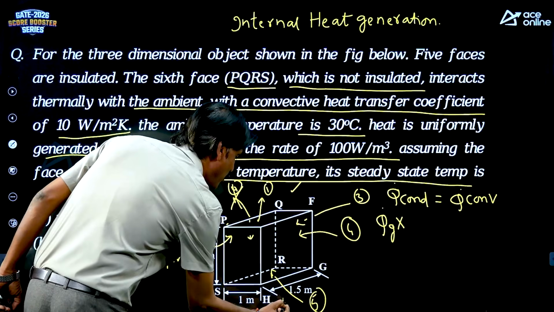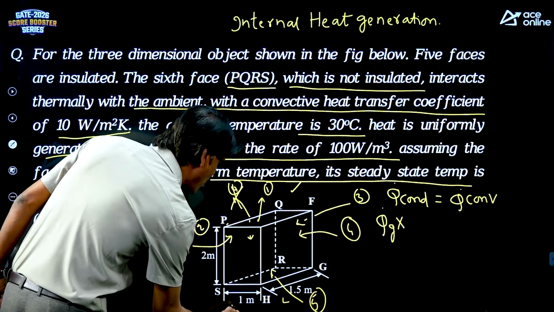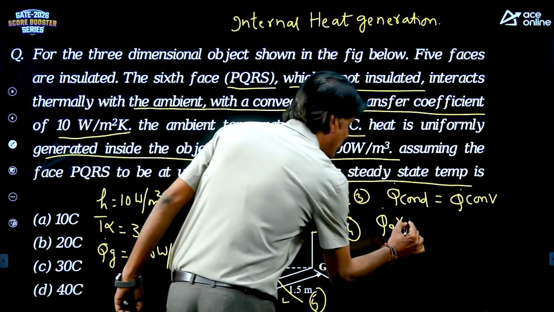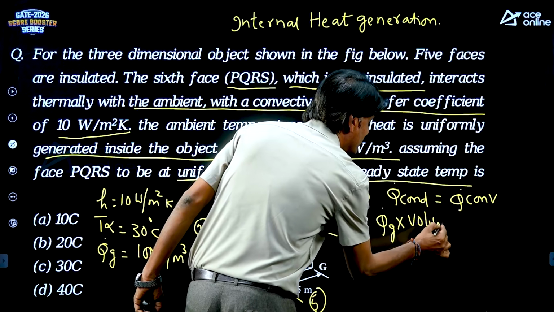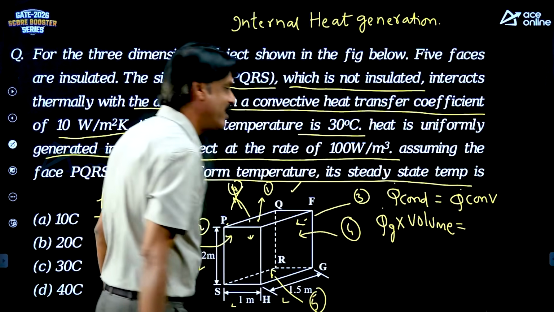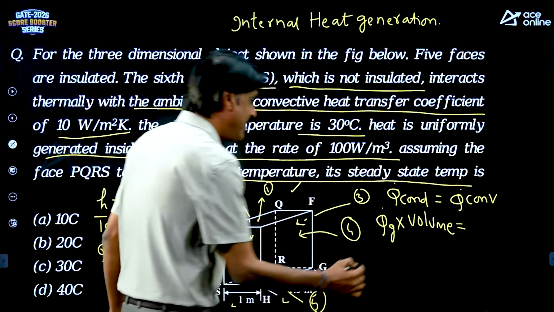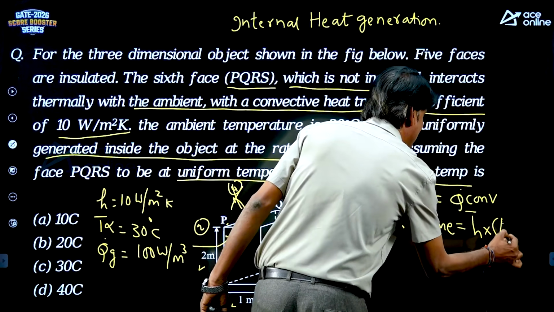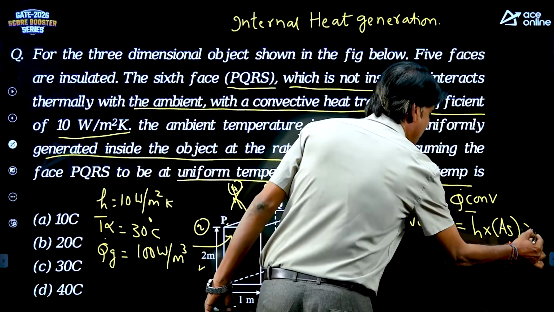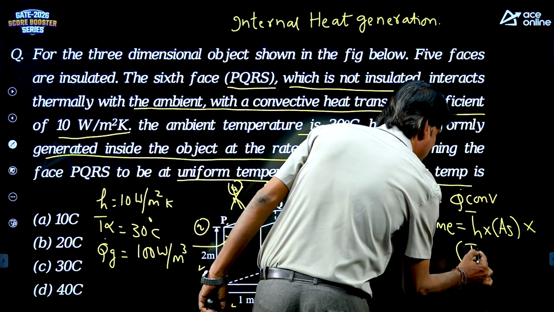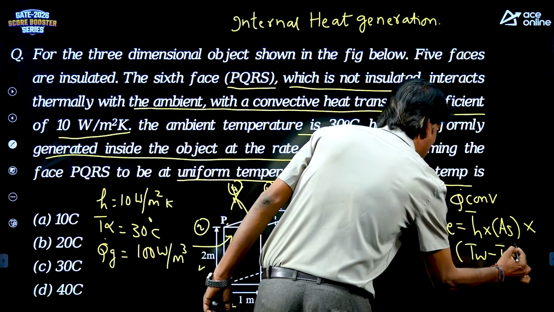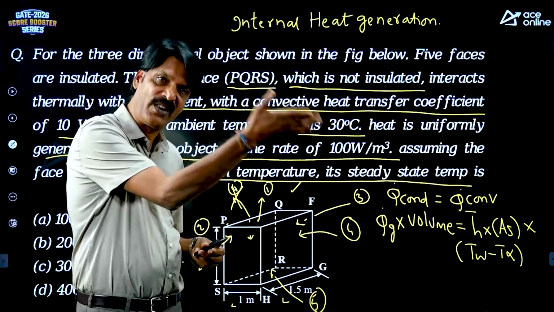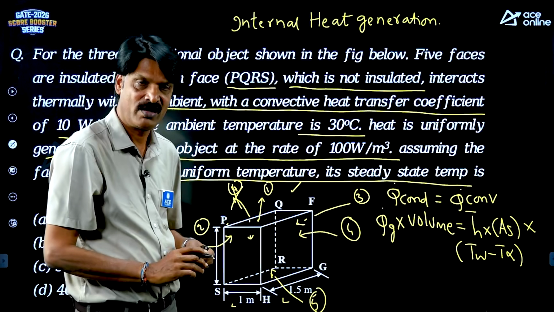Volume is, this is 1.5, this is 1 and this is 2. This is equal to heat transfer coefficient h into surface area exposed into wall temperature minus fluid temperature. This is the balance, because at steady state, conductive flux should be equal to convective flux.